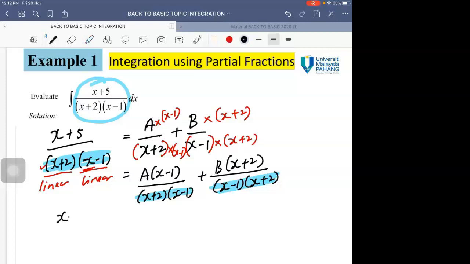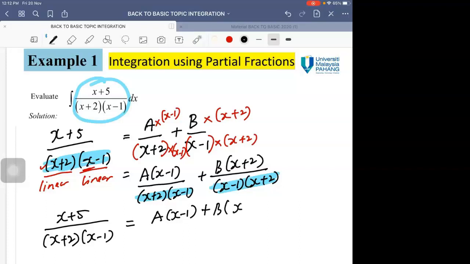So x plus 5 over x plus 2 times x minus 1. Here we have a times x minus 1 plus b times x plus 2, and then our denominator is x plus 2 times x minus 1.